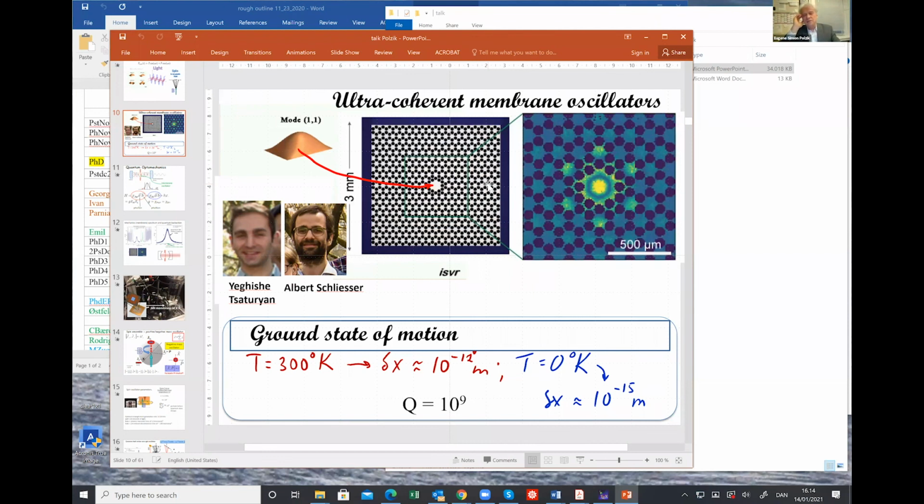Oscar has it a couple of orders of magnitude higher, which is also important because the eigenfrequencies are 6 gigahertz there. So at 6 gigahertz, if you just put it in a dilution fridge, you're in the ground state, no problem. So for other systems, the answer to your question is yes, you can have it with a higher Q, and you can have it close to the ground state, even in a dilution fridge.